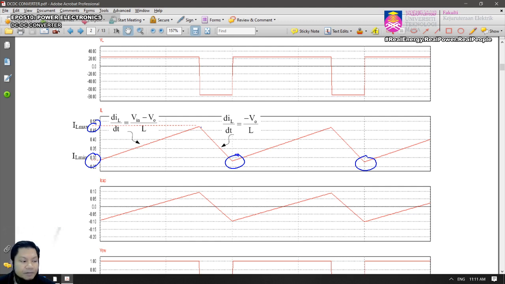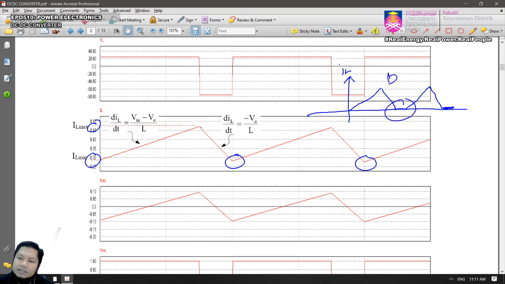If we talk about discontinuous, this will happen if you look at the current IL: you will see the current rise, then the current fall, then it stays at zero, and then rises again.